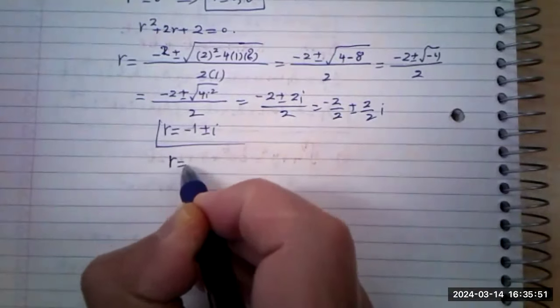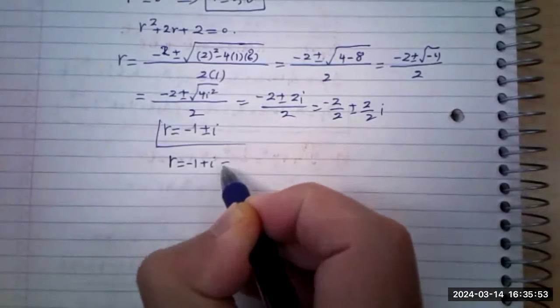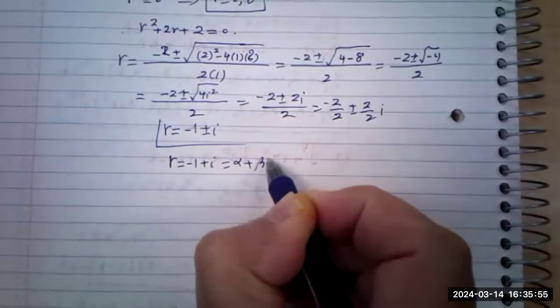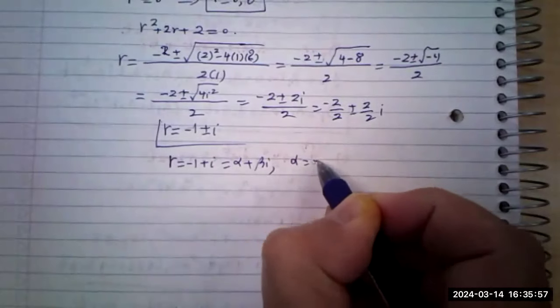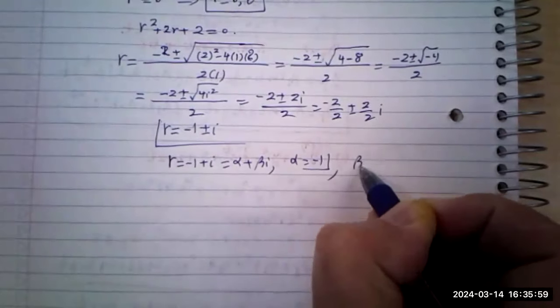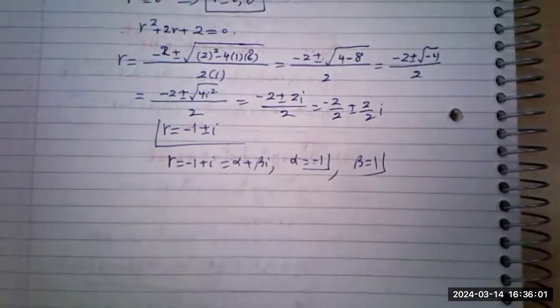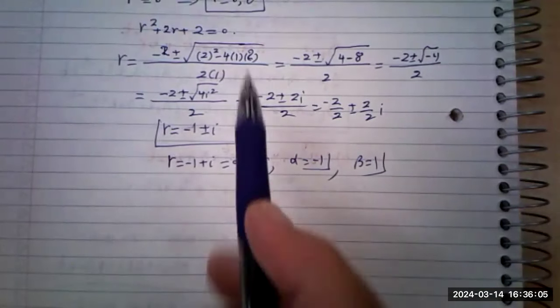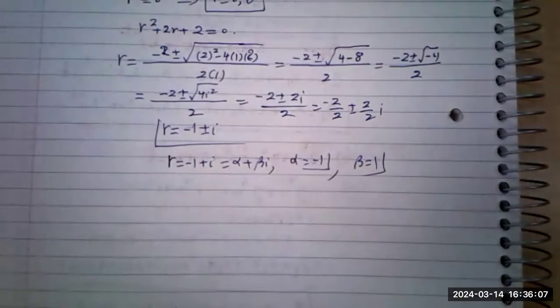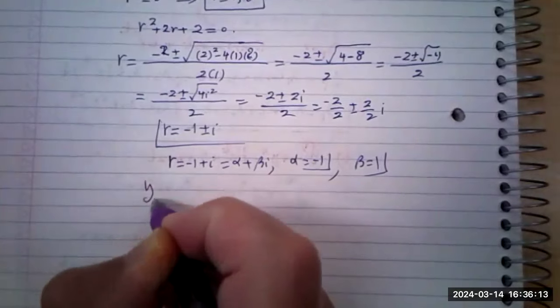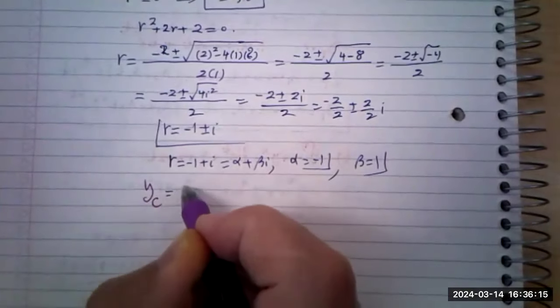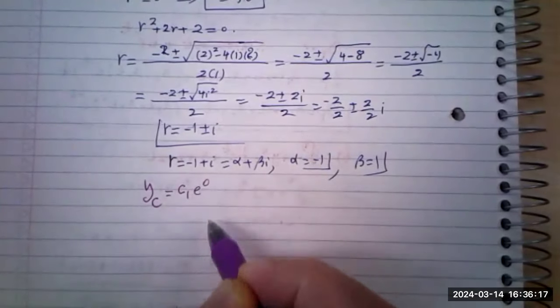Okay, so you consider negative 1 plus i, alpha plus beta i. So your alpha would be negative 1 and beta would be 1. So 2 solutions from here. Remember, we have 0, 0 here. Repeated solution. So we are ready to give you the YC. So what's going to be YC? For that 0, we get C1 e to the 0.